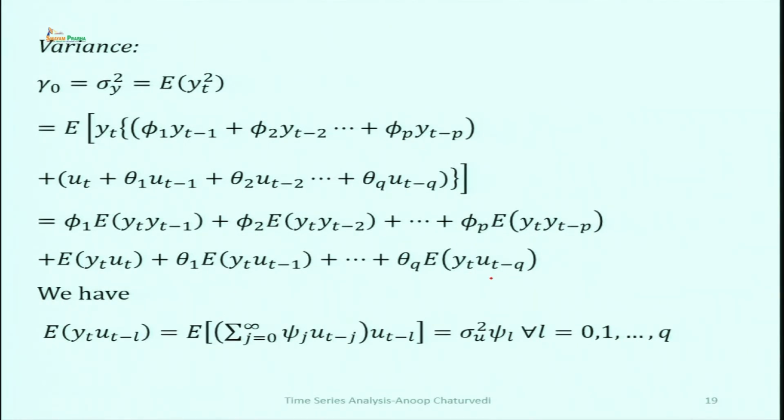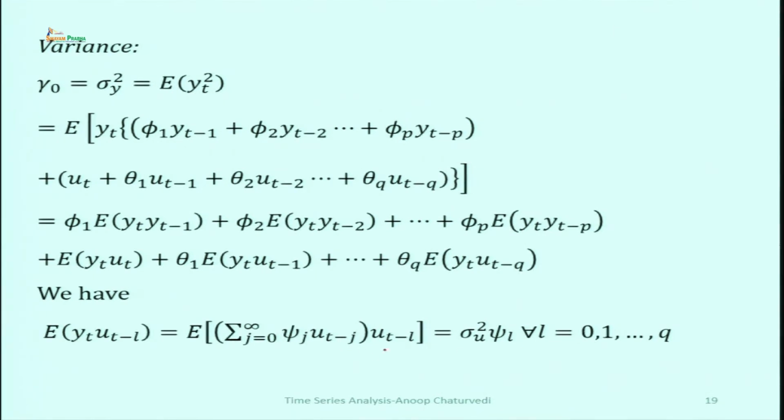So, for obtaining these expectations, we write expectation of y t u t minus L equal to, now we write y t equal to summation j equal to 0 to infinity psi j u t minus j, and then you have u t minus L. So, obviously, the only term which has non-zero expectation is for t minus L equal to t minus j, or L equal to j.